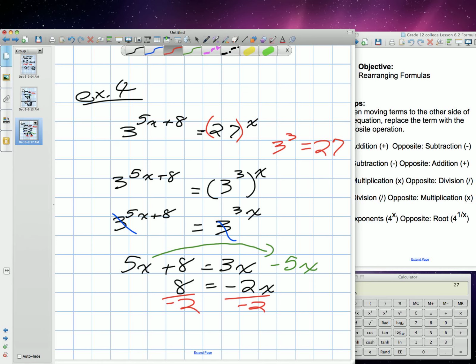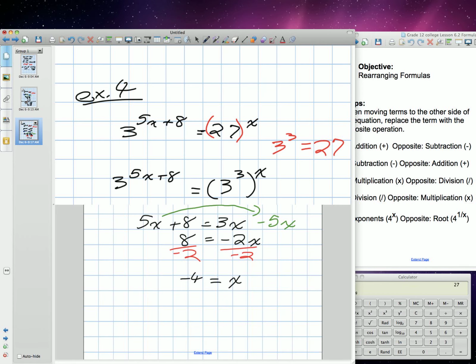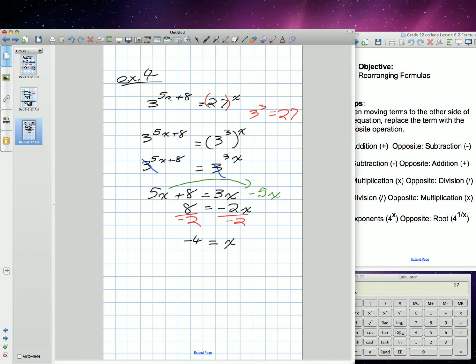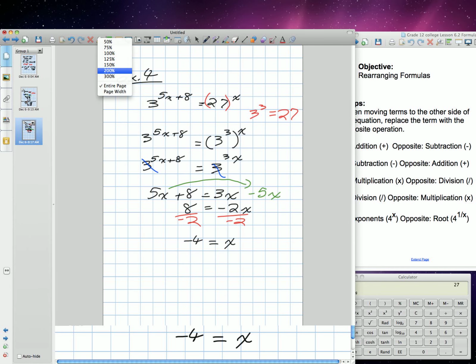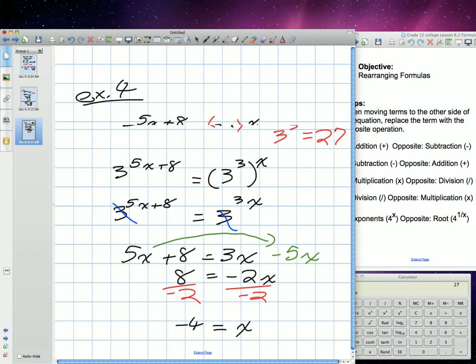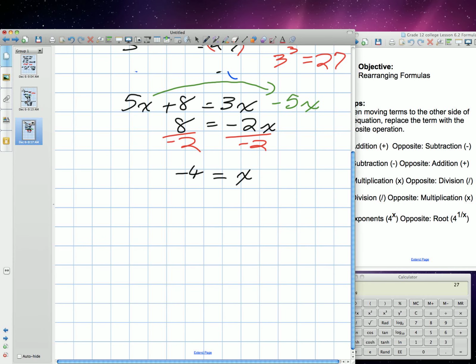Okay? And in our check, we'd actually have to plug that value into both of the x variables. So let's check. Now our answer was negative 4.